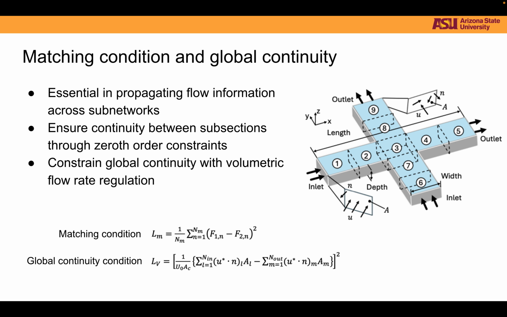But we found that constraint was actually not enough to fully satisfy the mass flow rate continuity conditions, where we actually see some mass leaving from these interfaces. So this is another constraint that we imposed.